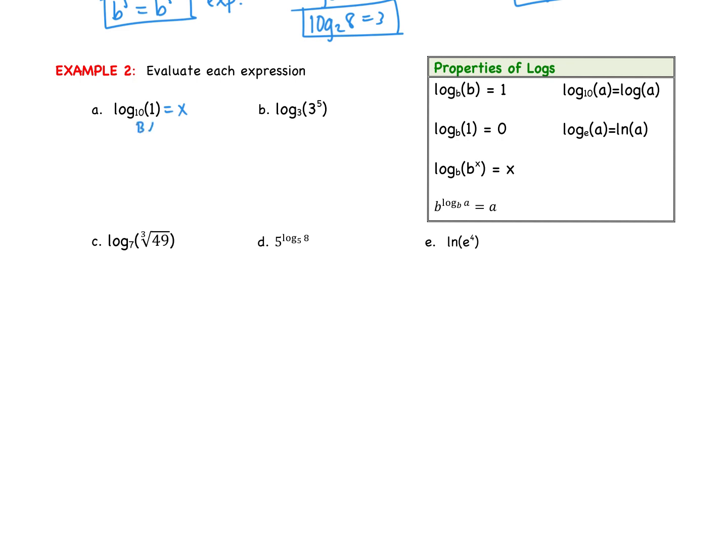We have base, argument, exponent. So that gives me 10 to the x equals 1. So then the question is, what power do I raise 10 to get 1? 0. 10 to the 0 would be 1. Okay, here's where I'm going to be really picky, though.